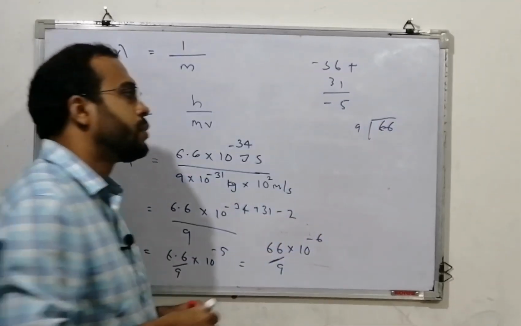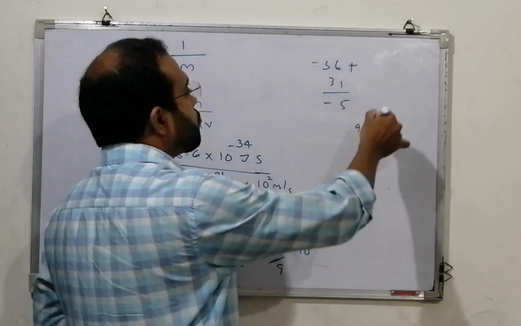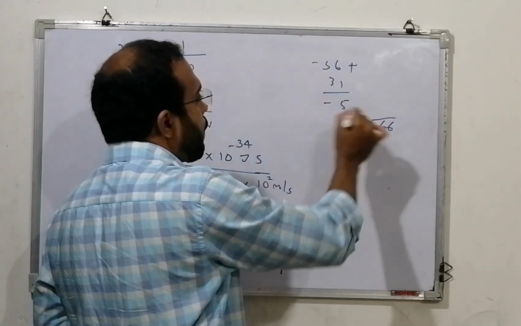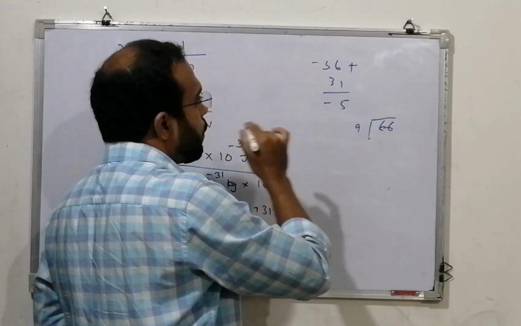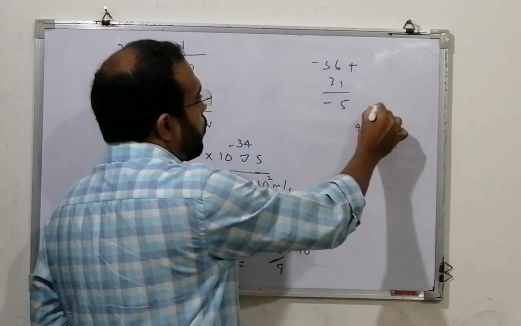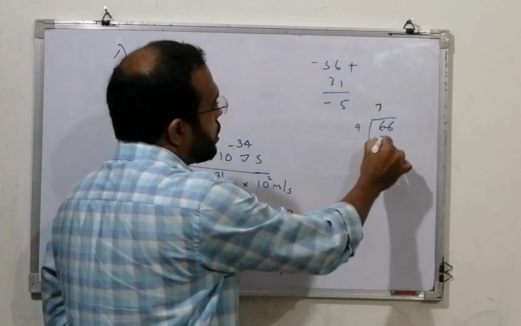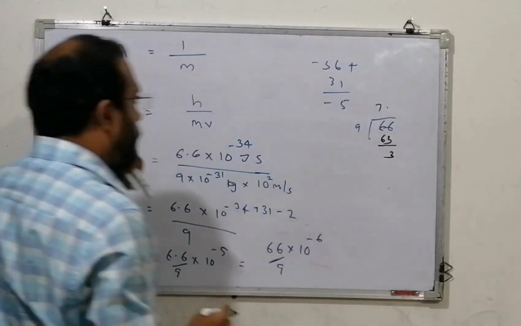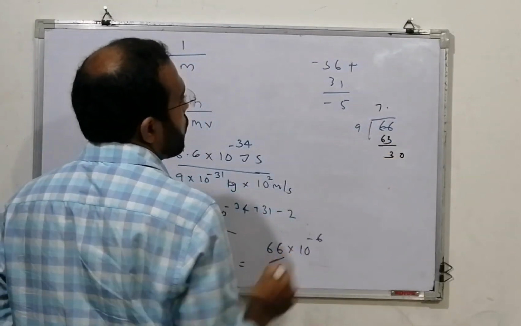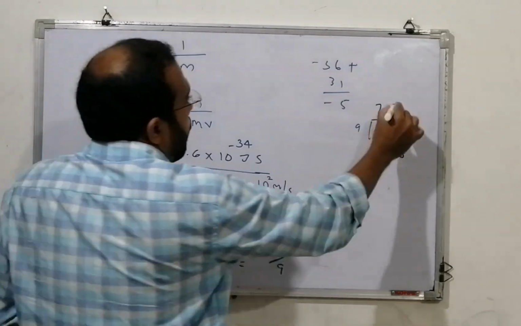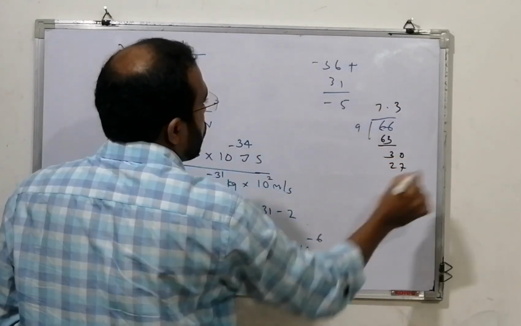How will you do this? 63, 7, 3, okay, almost. It goes on.